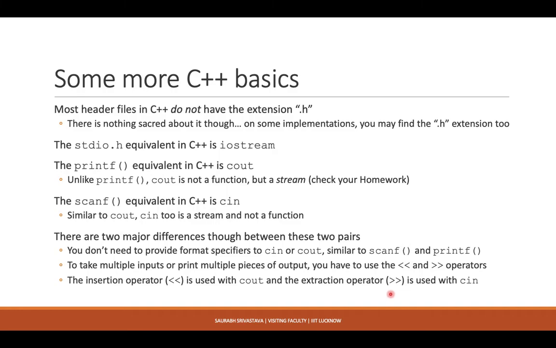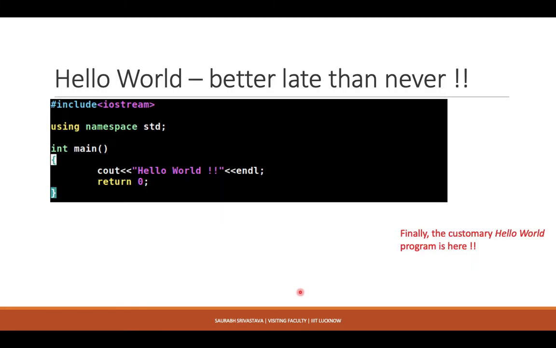To be honest, this looks much simpler as compared to printf. This is an example: the cout and these insertion operators, and then you put whatever you want to output. Then you can put another one here. Endl, by the way, is another way of putting \n.